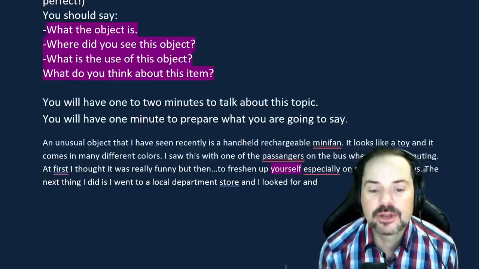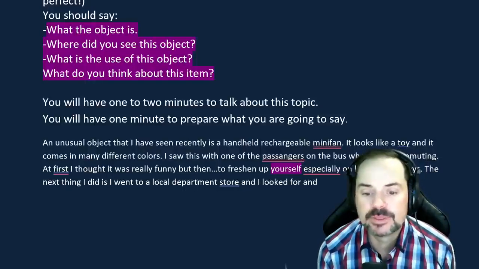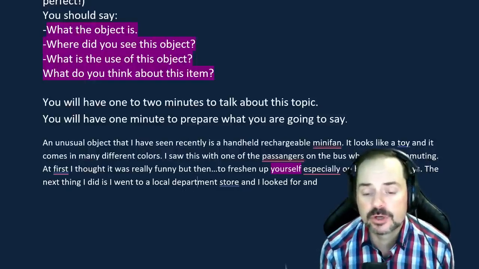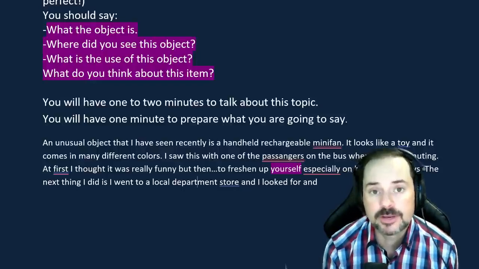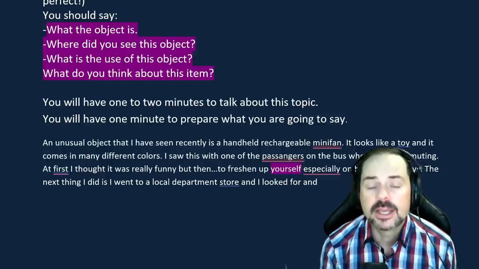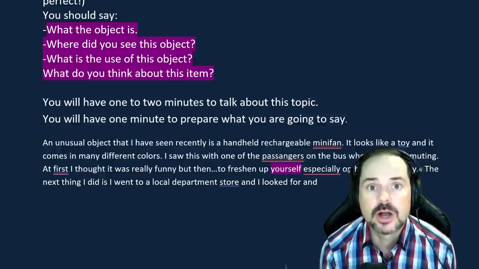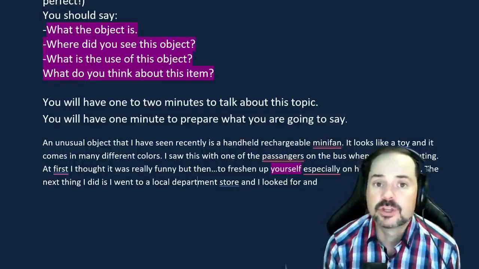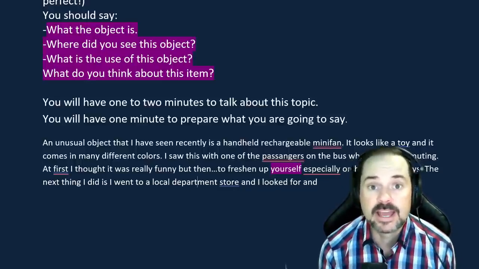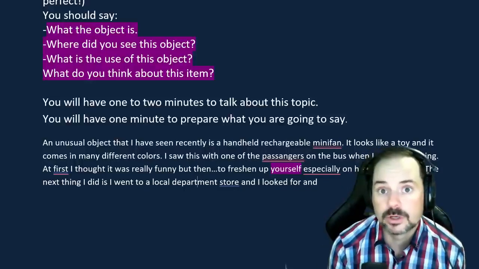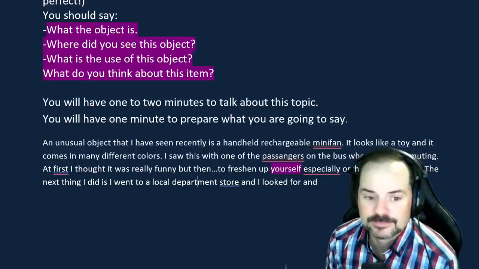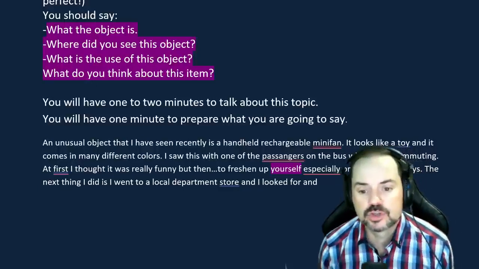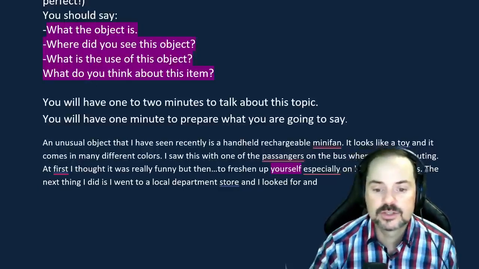So at first I thought it was really funny, but then I realized it's very useful for a person to freshen up, especially on hot summer days. It helps a person to stop sweating. That's very useful, especially if I have makeup when I'm going to work, right? Okay, try that sentence again. So try to avoid yourself and try that sentence one more time.